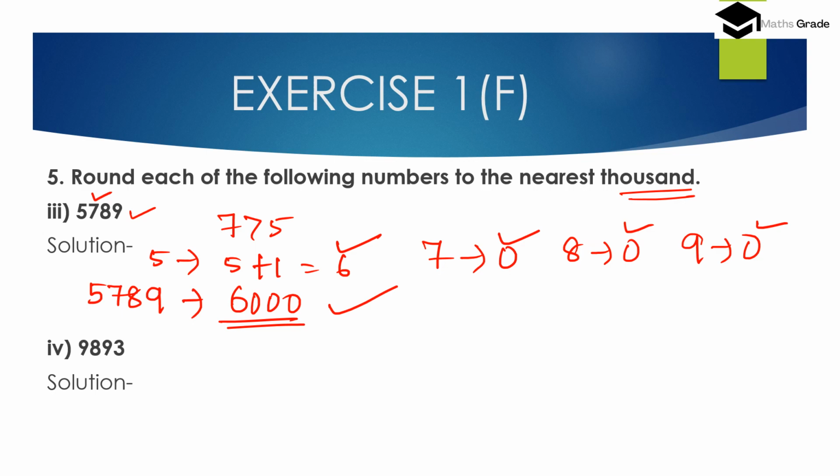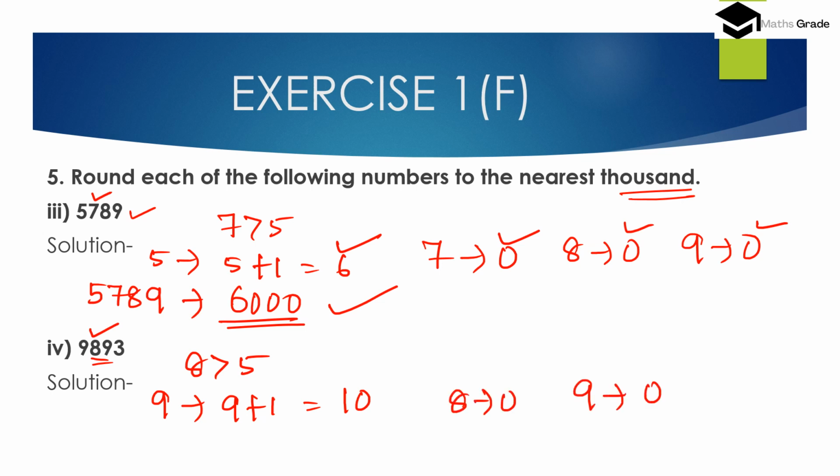Now fourth bit, 9893. When we round this number 9893 to the nearest 1000, we first look at the 100 place digit. Here the 100 place digit is 8. 8 is more than 5. So just add 1 to the 1000 place digit. Here the 1000 place digit is 9. 9 changes to 9 plus 1, and 9 plus 1 is 10. And the 100 place digit 8 changes to 0, the tens place digit 9 changes to 0, and the unit place digit 3 changes to 0.